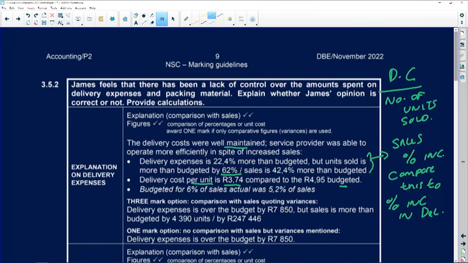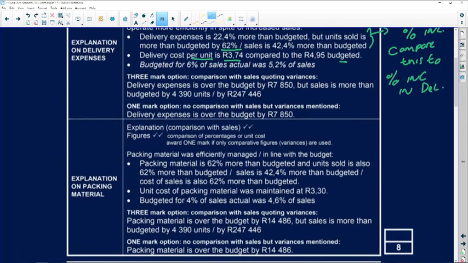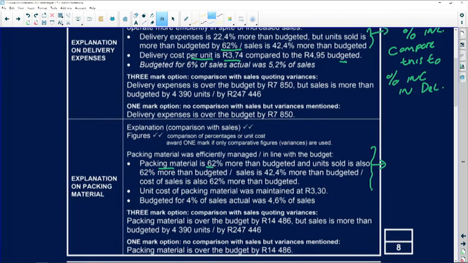Then in terms of the next expense, which was packing material, we're doing the exact same thing, comparing packing material to sales. Now, in this particular case, there is a bit of concern. I probably didn't mention that when I was looking at the information, but had we done the percentage increases, we would have seen this. Your packing material is 62% more than budgeted, and units sold is also 62% more than budgeted.